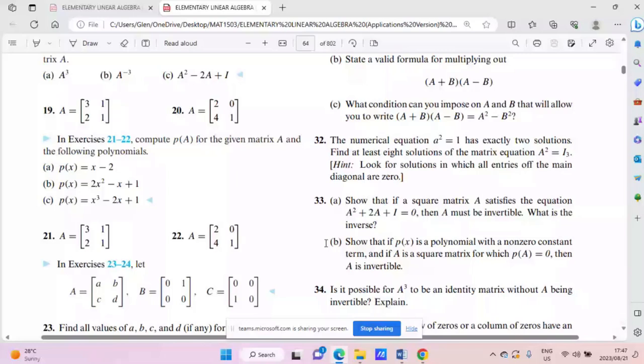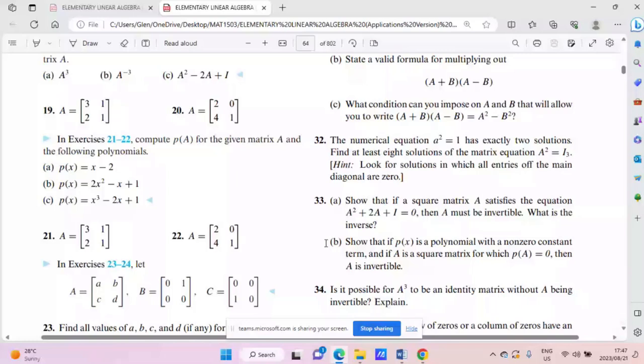Okay, colleagues. Let me try to explain. We are supposed to compute P of A for the given matrix of number 22. Are we together then? So B, we have P of X, which is equal to 2x squared minus x plus 1.